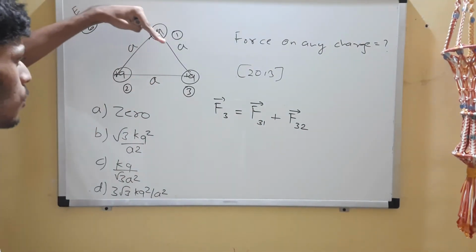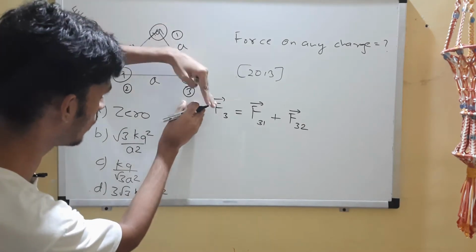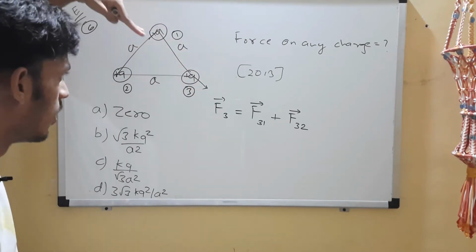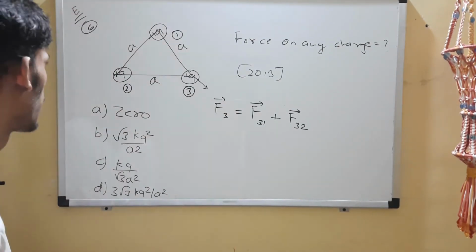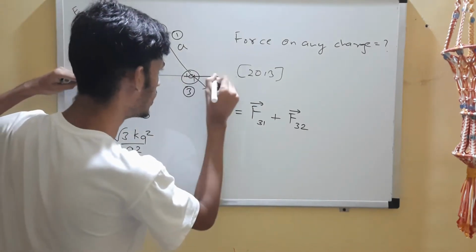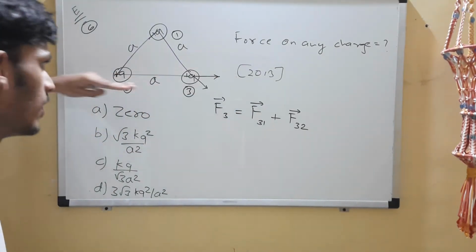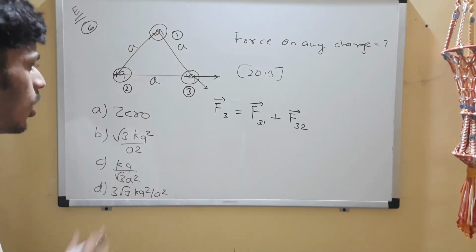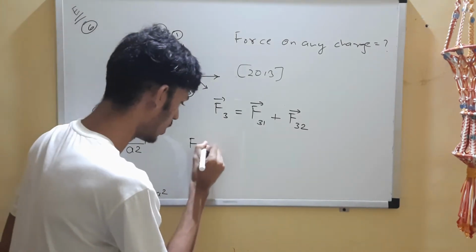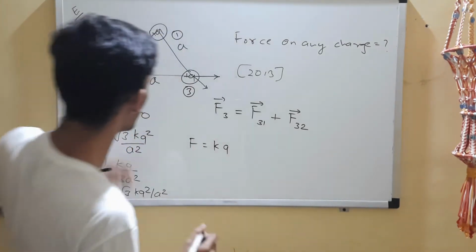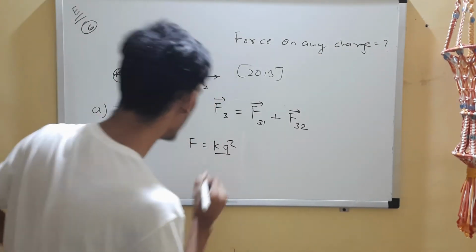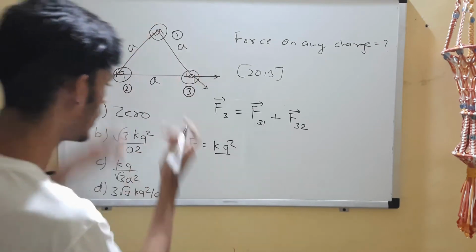Now you can see that the force on third due to the first one will be in this direction, right? It will repel, plus q, it will repel, and the force will be in this direction. And the force on the third one due to the second one will be along this line, right? Again they will repel. Also you can note that the magnitude of these two forces will be equal, which will be kq square by the distance, again the same, a square.